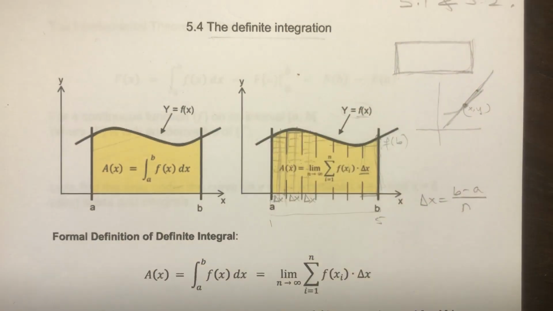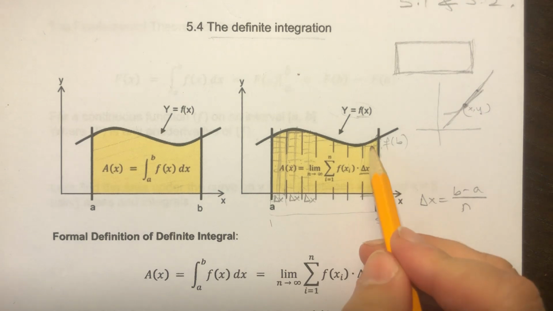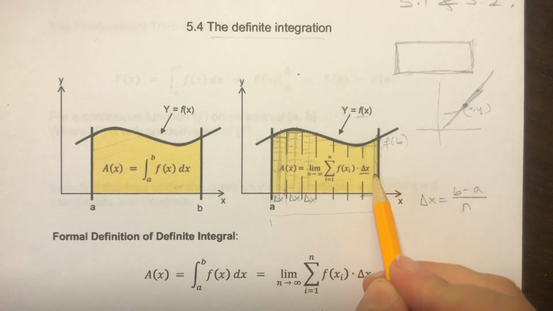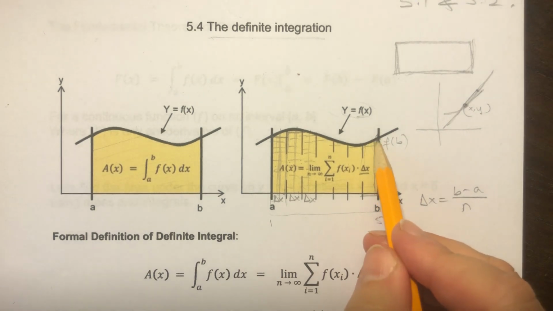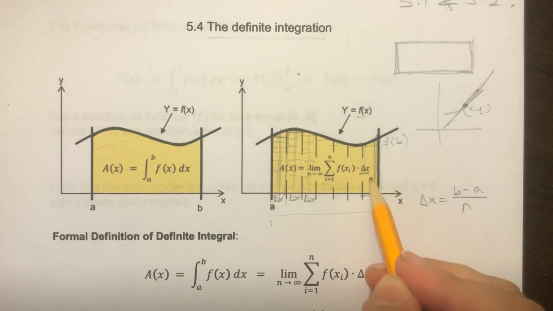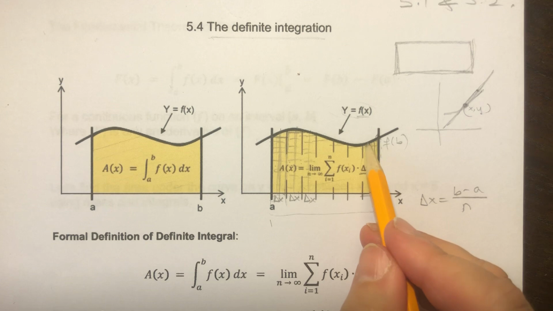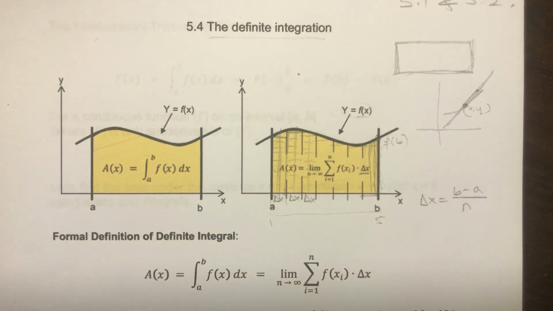Think about it: under this shape, if we pick a rectangle that's only this wide and another rectangle that's only this wide, the leftover gaps will get smaller and smaller. So what do we want? We want the number of rectangles to be close to infinity.